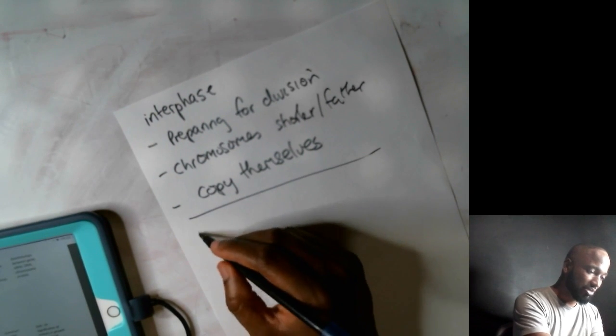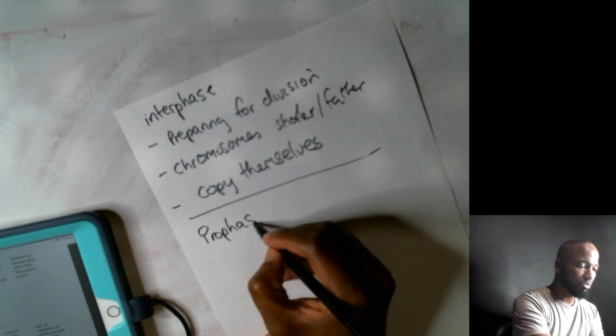Right? And then up next we have the prophase. So what's going on in that part? And I think P stands for something. What was the thing you used to remember P?